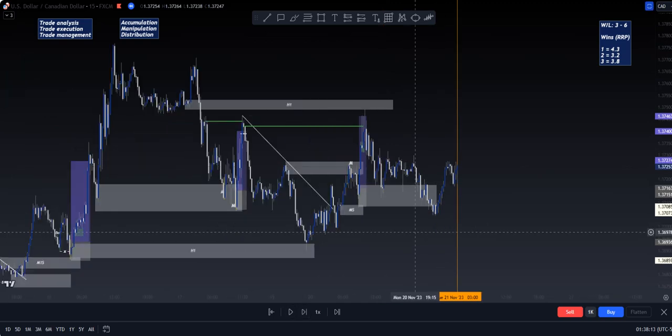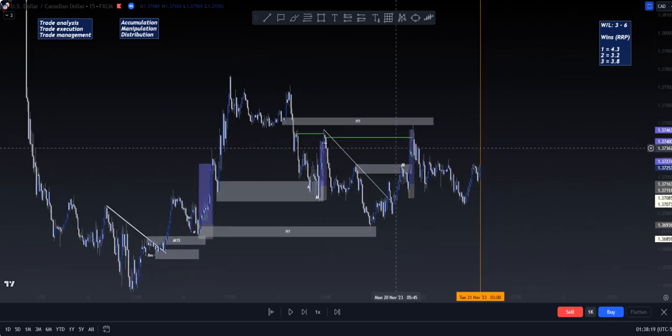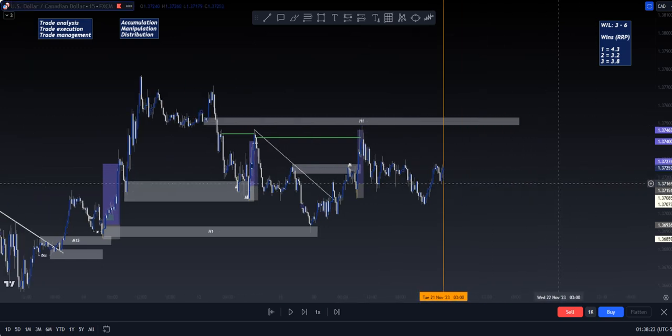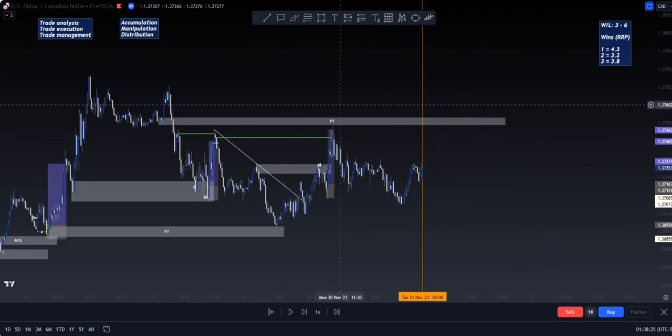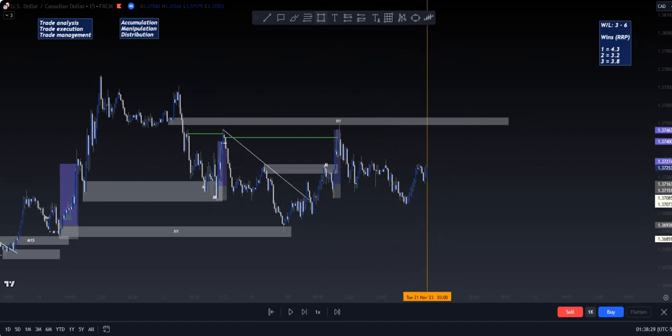Okay. Now at this point, what do we have? Break of trend. And I'll make this the last one. Break of trend, market pulls back to a supply and demand.